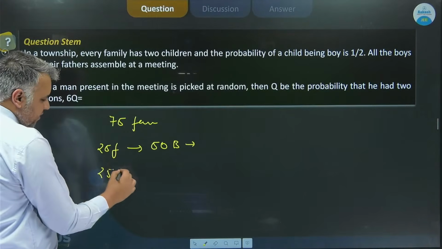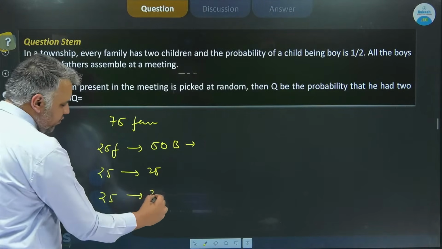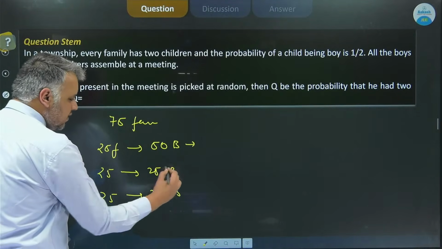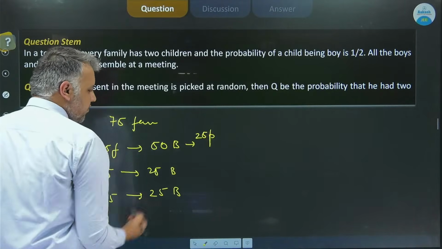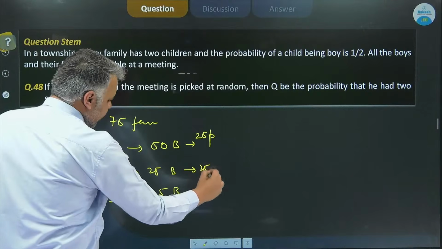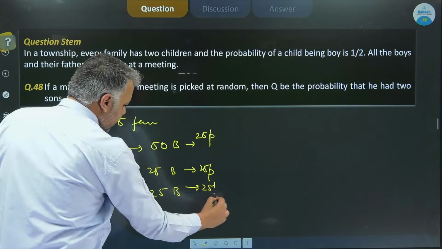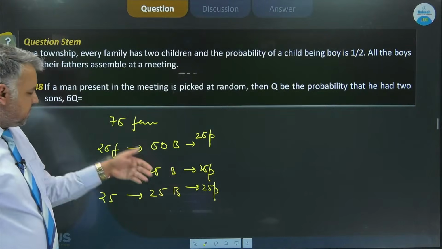In 25 families, we invited 25 boys, and in 25 families, we invited 25 boys, along with their fathers. So there will be 25 persons here, 25 here.